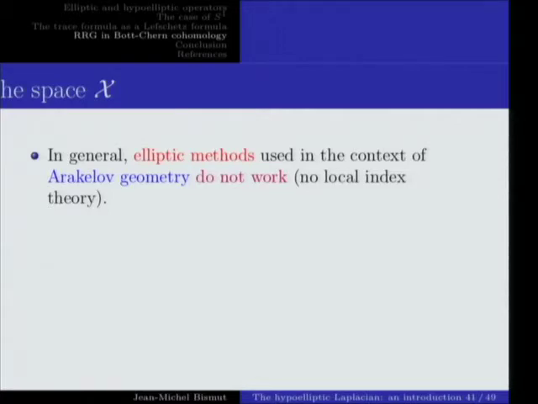So in general, elliptic methods used in the context of Arakelov geometry do not work. I won't tell you what Arakelov geometry is, but the point is that you try to prove a result like this by using methods of local index theory, by making t tend to 0 in some heat kernel expansion. It turns out that when the manifolds are non-projective, all the expansions are singular. So you cannot prove the theorem using the original elliptic theory.